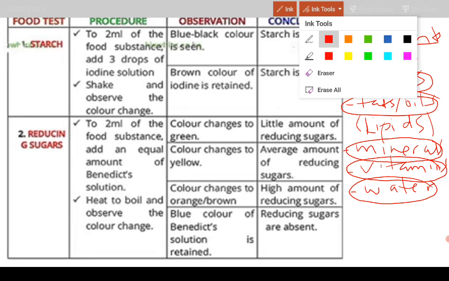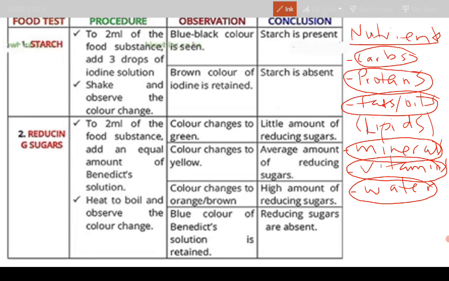Your syllabus requires that we should describe some simple experiments that we can carry out to detect the presence of carbohydrates such as starch. Starch is an example of a carbohydrate.